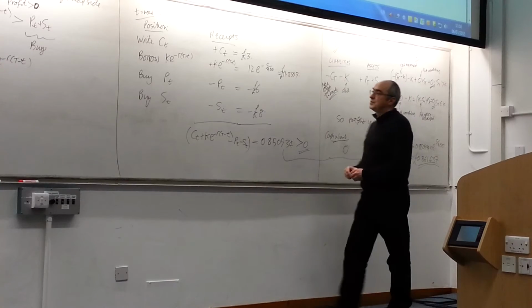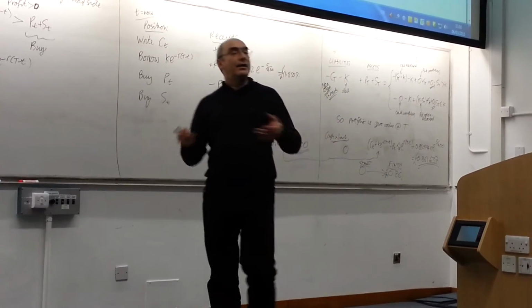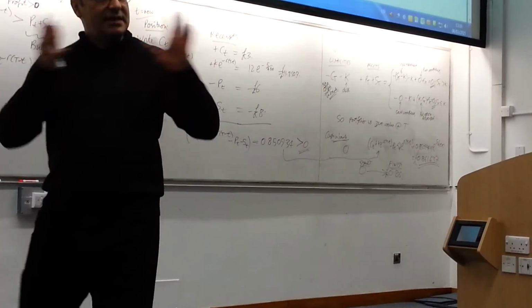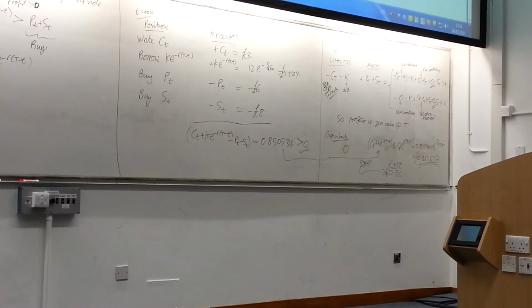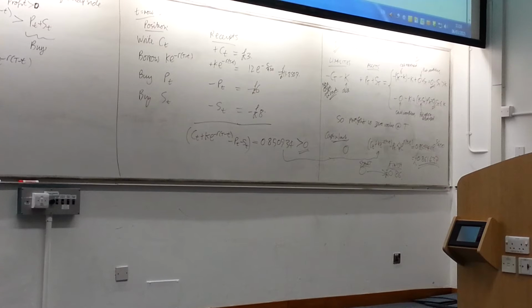So, of course, I have to assume that I can borrow money and I can sell things and there's no problems with liquidity in that way, but I can start with nothing and finish with 86 pence. So if I could do it once, I could do it twice, and I'd make 2 lots of 86p. If I could do it twice, I could do it 3 times, and so on. So I could do it theoretically an infinite number of times, and I would make an infinite amount of profit.